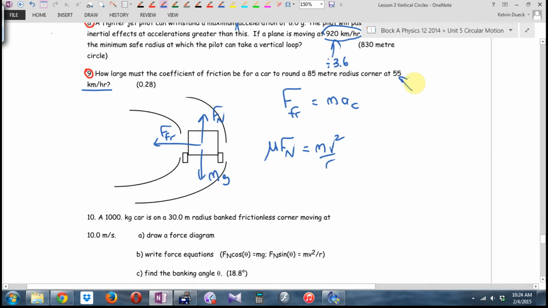I know another force the same size as the normal force. Apparently cars and trucks can drive on the same roads, kind of convenient. So I think it's going to be mu equals v squared over gr. We've seen this expression show up occasionally. Should be that. Okay?